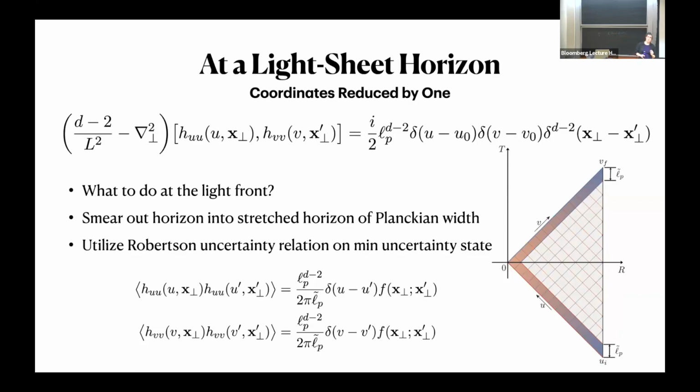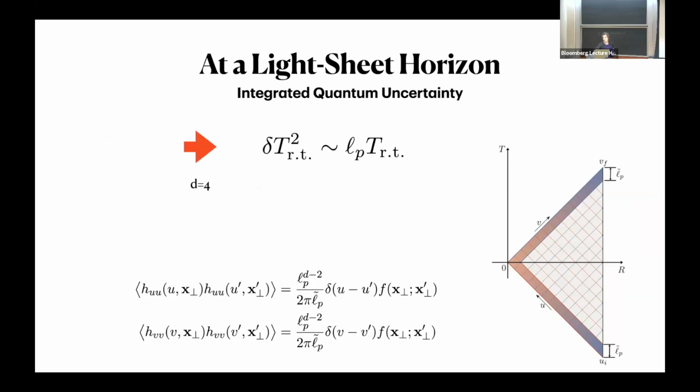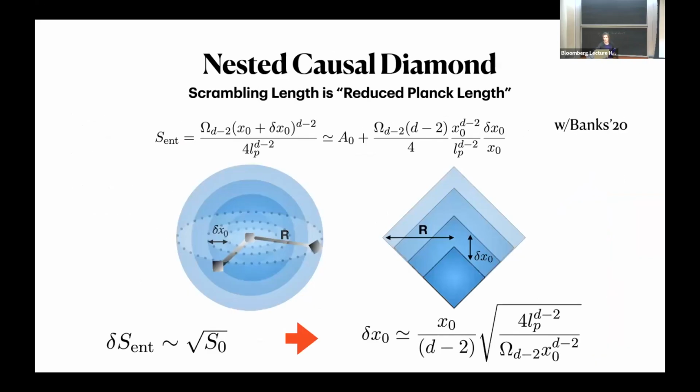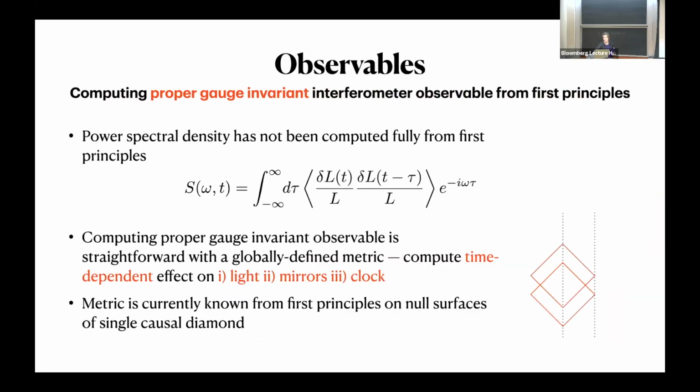Yes, that picks out a preferred frame, but it's a preferred frame that's determined by your experiment. The experiment has a preferred frame. And you replace now one of those delta functions with the width of that stretched horizon. Okay, I'll stop. And that will give the same result. So that's another way of thinking about it. All right, so I'll stop.